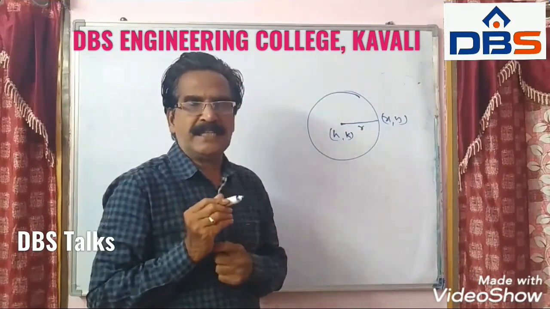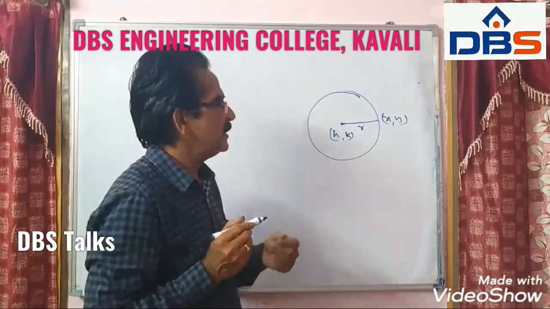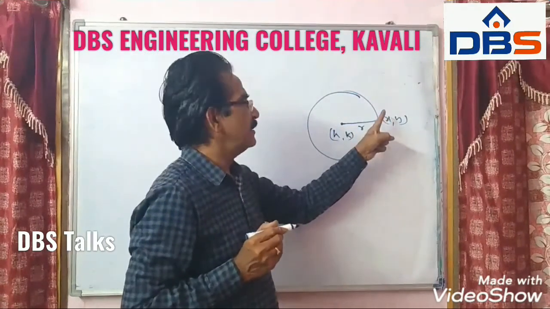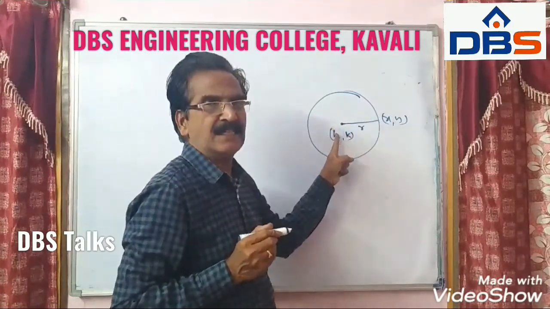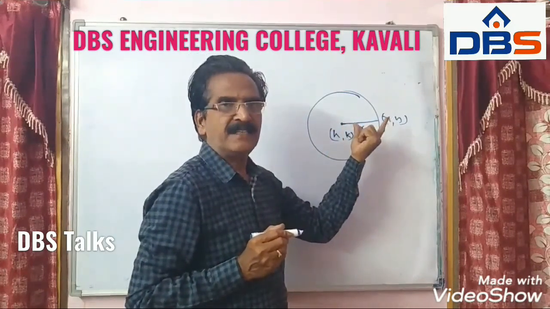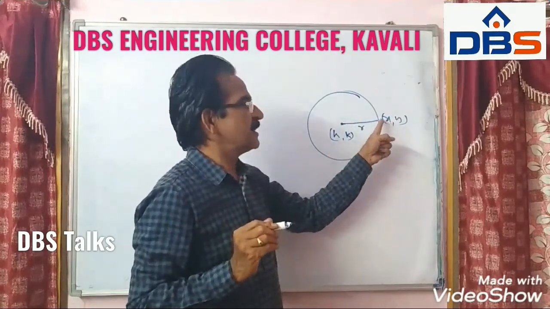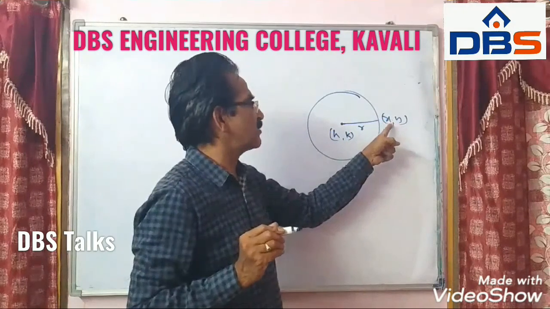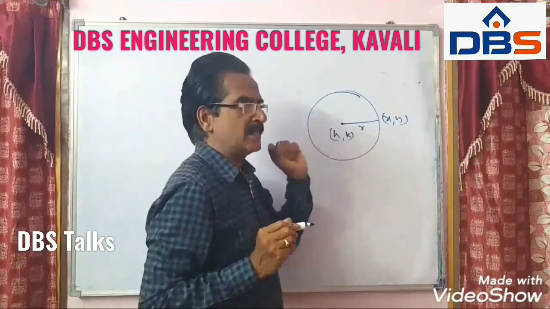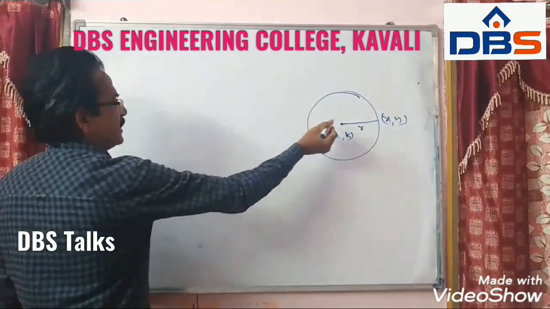So now the locus is distance between these 2 points xy and hk is r. Right friends? That is the locus. Distance between xy and center hk is radius. So let us find the distance.